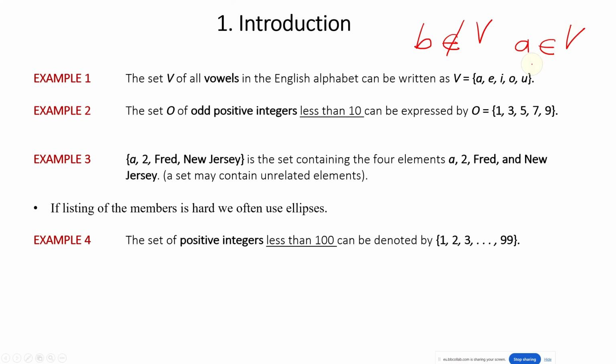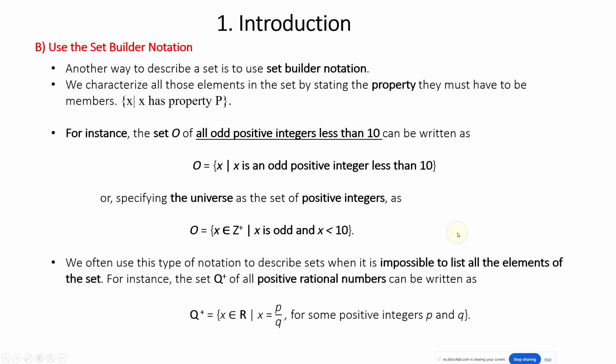When we have many elements that I cannot list all together, I can use three dots, as you know, like 1, 2, 3, then 4, 5, 6, or whatever, until I reach 99. There's nothing really complicated about it. A set is a group of elements that I put together.